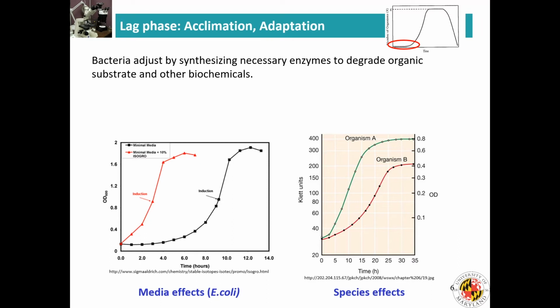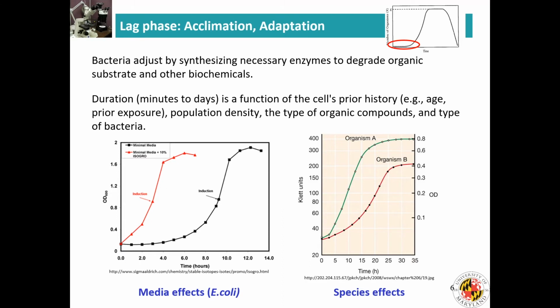As I mentioned before, in the lag phase, you can see on the top right corner, bacteria are usually synthesizing their necessary enzymes to degrade the substrates that they have been provided with.